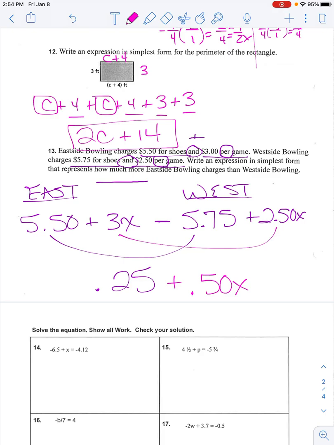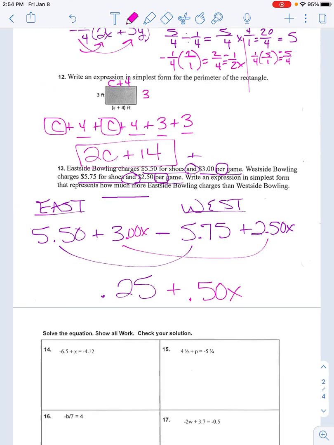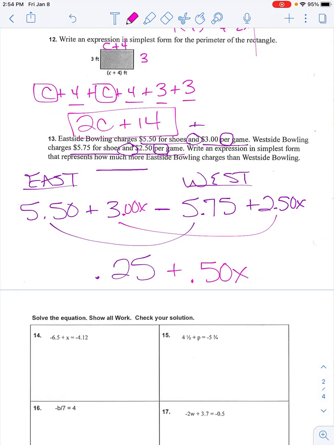So you'll want to put an X there, okay? And maybe up here I should have made this $3 X, but I think we get the point. Okay, so here is the difference in east side and west side. 25 cents per shoe and 50 cents per game is the difference. Okay.